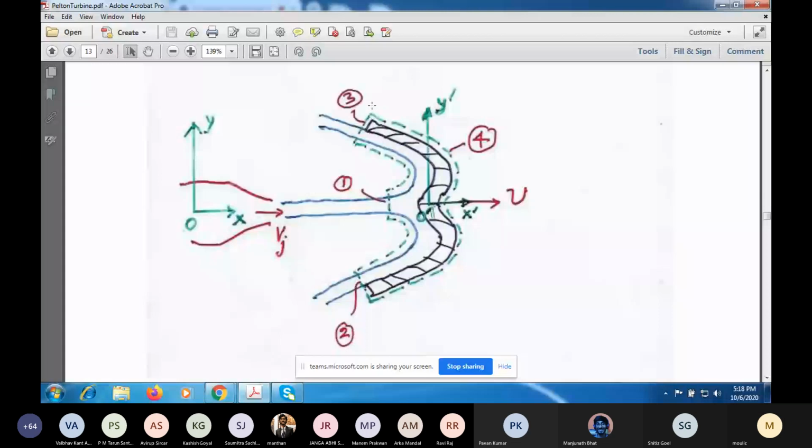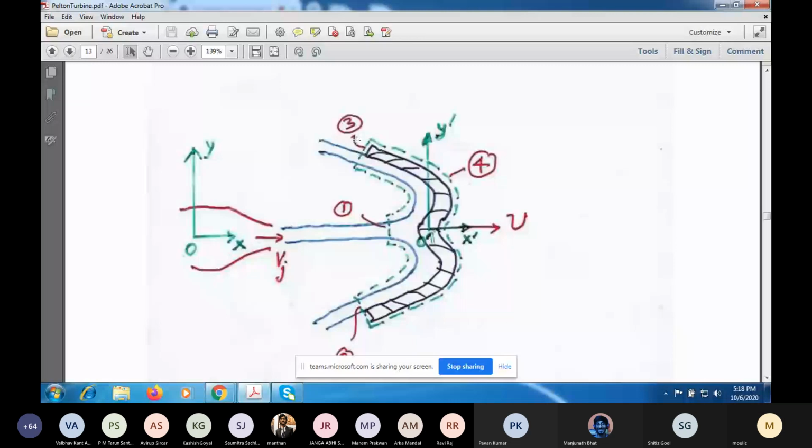But as we have discussed, if you look at this as a circular jet, or circular cross section, on the periphery of the jet, which is exposed to the atmosphere, the pressure is atmospheric pressure. And if you look at the streamlines which are crossing section 3 or section 2, the curvature is negligible. So centrifugal effect is small here, unlike here where there is a large curvature. So the pressure inside may be assumed to be atmospheric pressure.